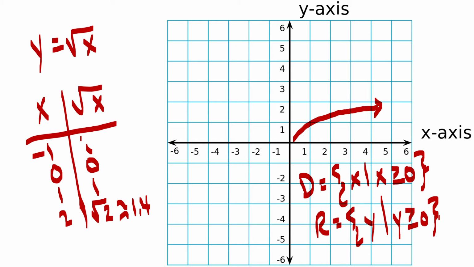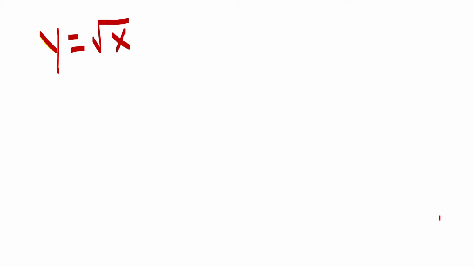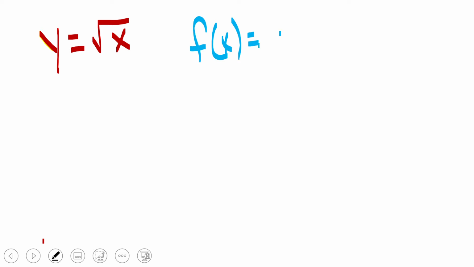So knowing that, we'll be given a function that we're going to work with that looks like f of x equals a times the square root of x minus h plus k. And this function has parts.